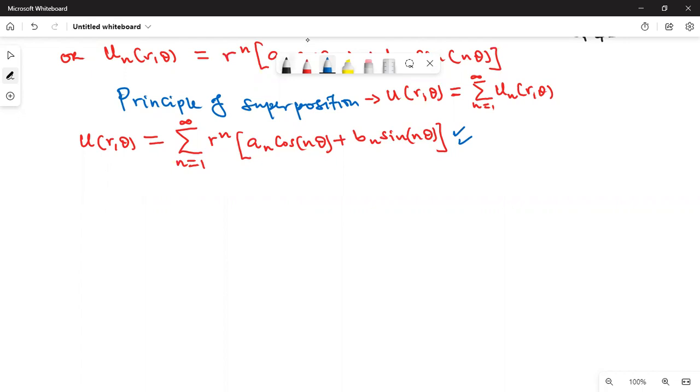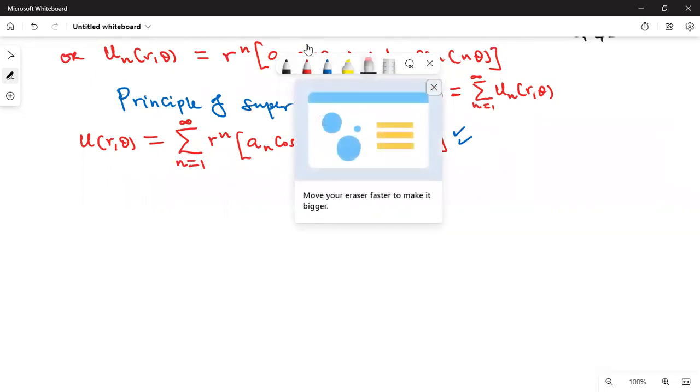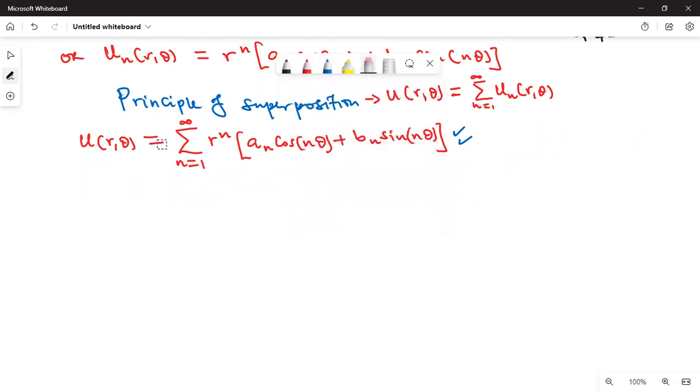So let me rub this here. I'm going to insert a certain term there corresponding to the case where n is 0. So this is, call it a naught over 2, plus. So this is u of r theta.